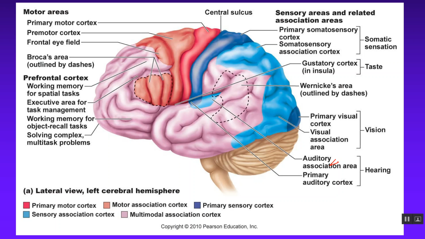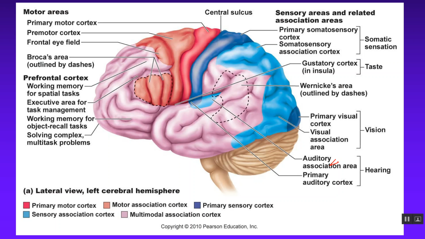I'm not going to go through this whole slide. I just think it's a good representation to say this is a left hemisphere, okay? It's important to know this is a left hemisphere because the left hemisphere is where you have more language function, at least verbal language and written language. The right hemisphere is for nonverbal communication, okay? Interpreting other people's nonverbal communication and also your own nonverbal communication.